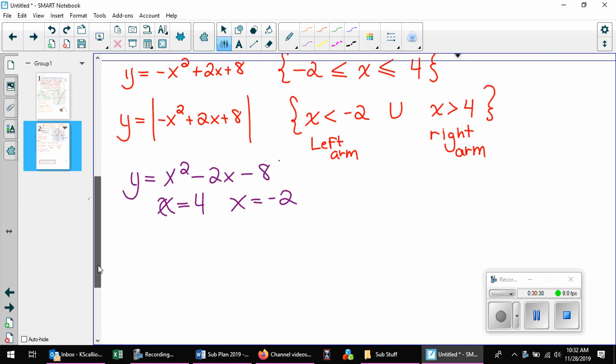I'm just wondering because I switched the numbers. So this would be x equals 2 over 2, so x equals 1. If I substitute 1 in here, it'd be a negative 9.